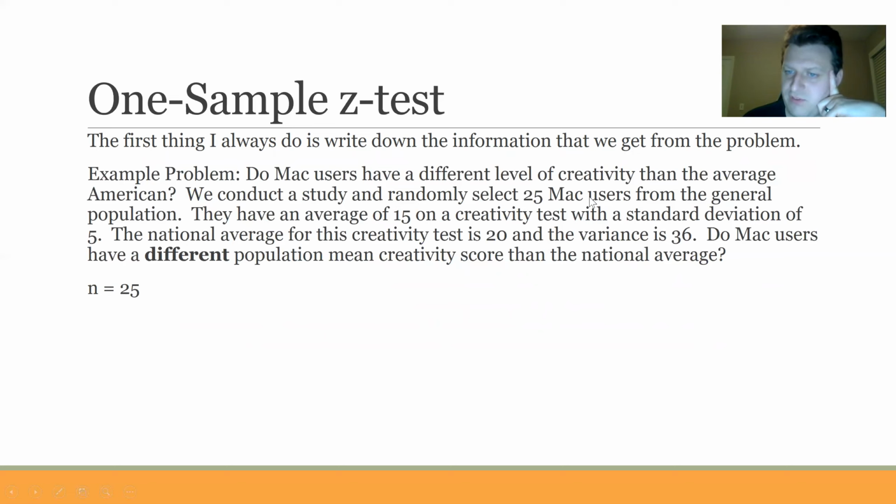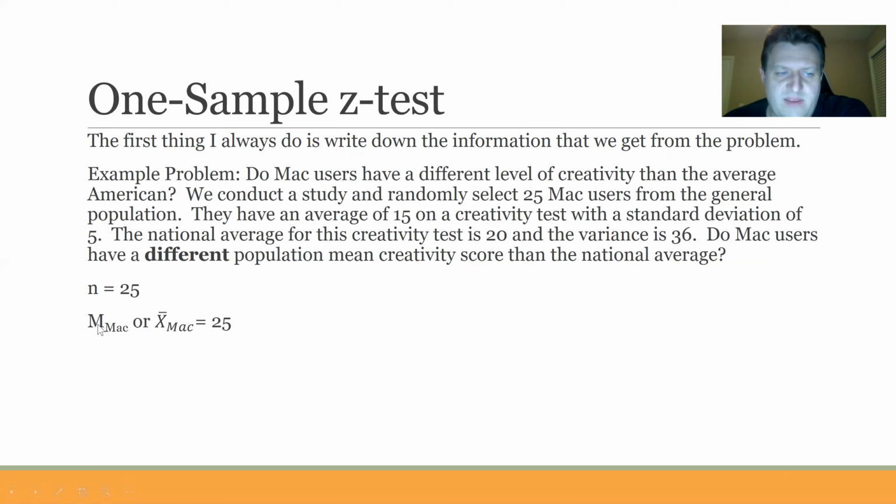All right, let's go to the next number that we have here. They have an average of 15 on the creativity test. So this is a mean, but more importantly, it's a sample mean. It's not a population mean because I'm taking the average of these 25 as opposed to all Mac users. What I like to do, because most of the time we're dealing with multiple means and multiple standard deviations and variances, is give a little indication as to what mean this is referring to, a subscript.